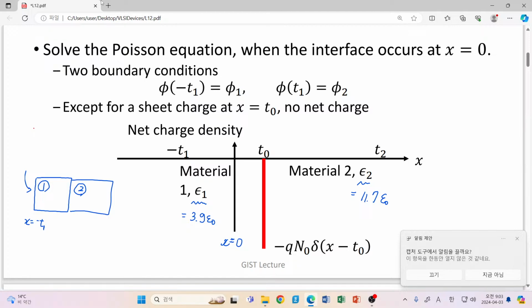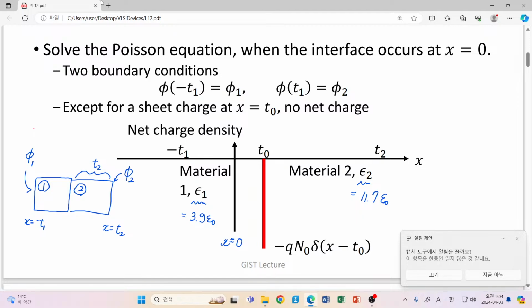Here t sub 1 means just the thickness of your material 1, and let's say the thickness of the material 2 layer is given as t sub 2, and x equal to t sub 2 represents the right boundary of this system. Let's say that at these 2 points we have the given potential written as phi 1 and phi 2.